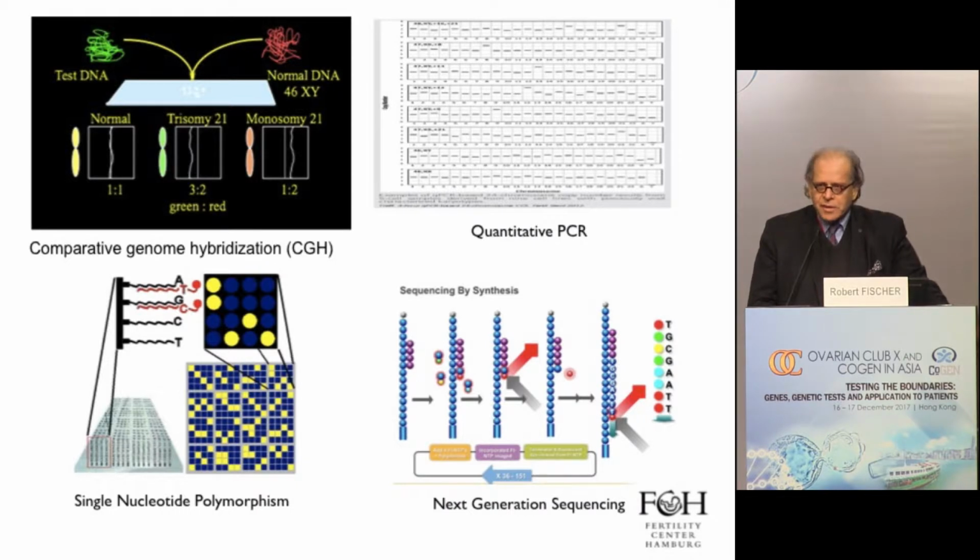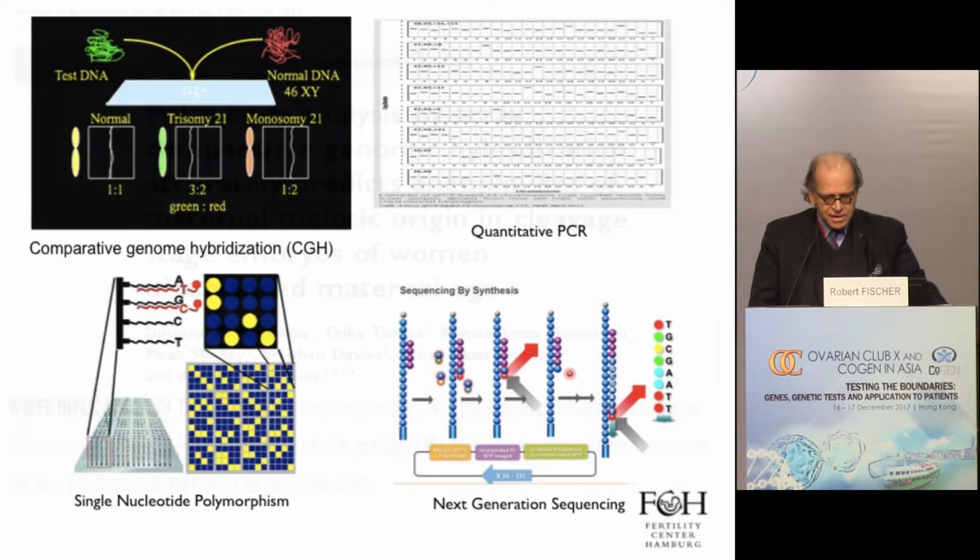Nowadays we have other tools to analyze. We can use array CGH, we can use SNP arrays, we can use qPCR, and in the late years NGS. So this helps very much in polar body genetic screening to have more accurate results.